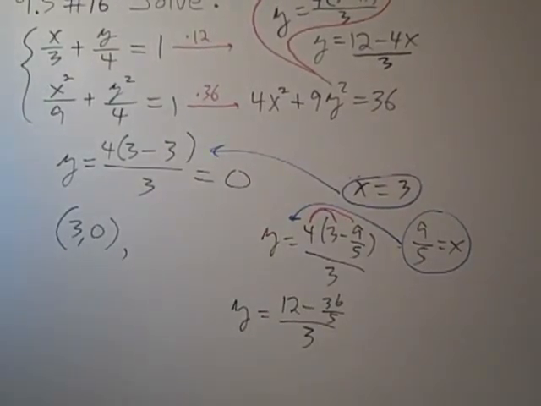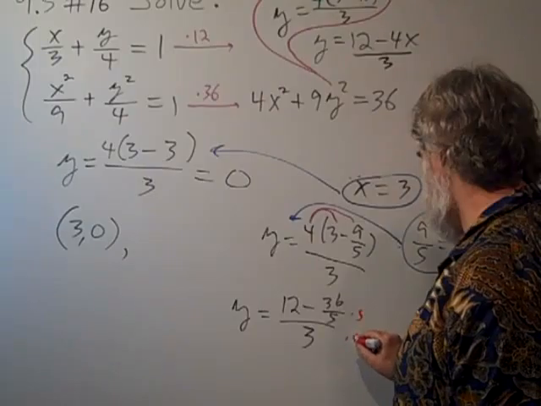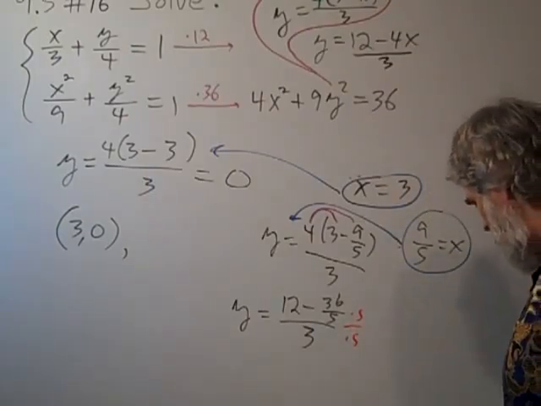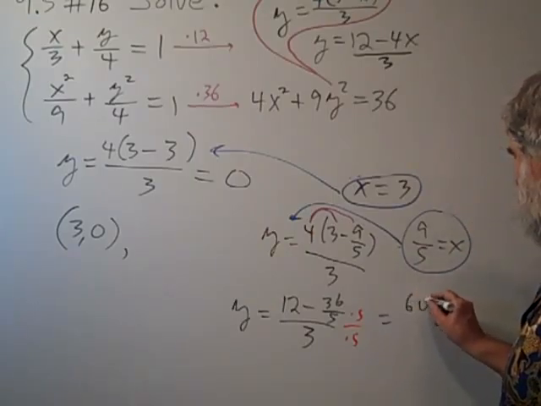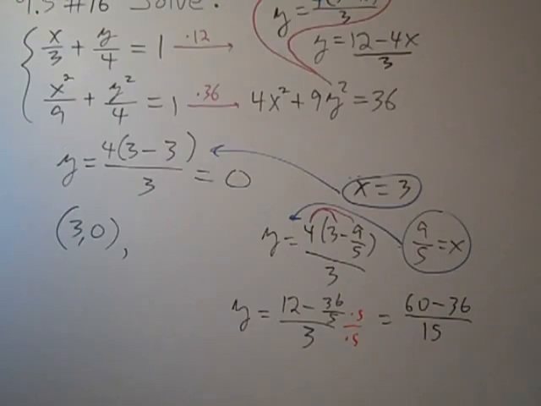And if we multiply the top and bottom times 5, we get that (60 minus 36) divided by 15 is equal to y, and that's 24/15.